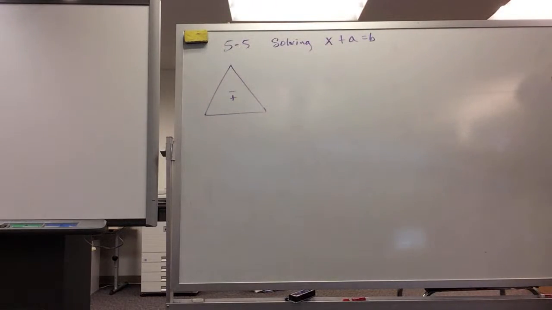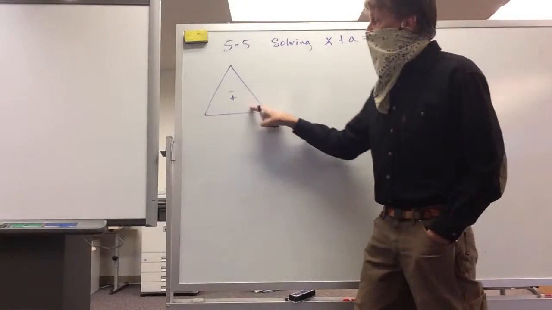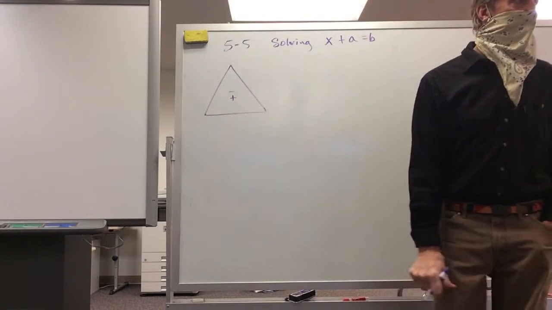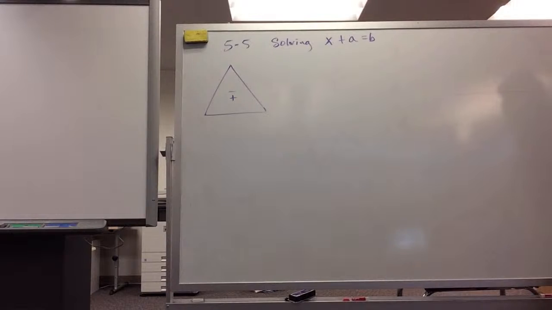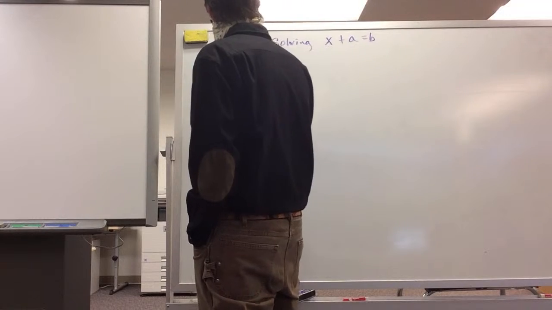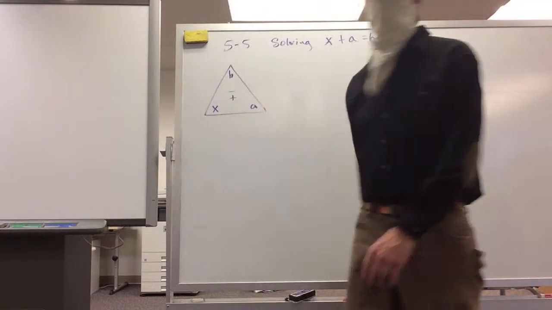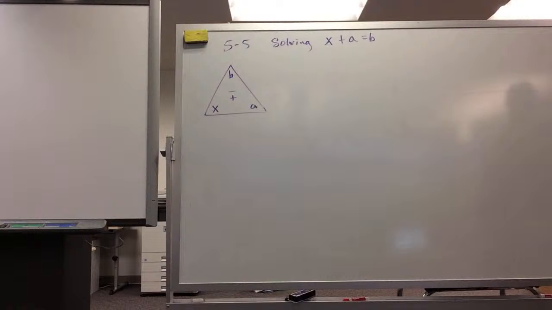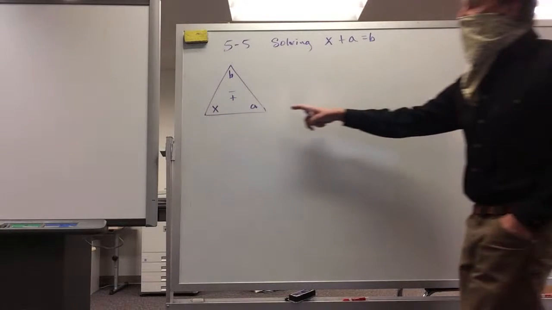What goes across the bottom in these 2 places? X plus A is equal to B. B goes on the top and X and A go on the bottom. So, what are the related facts?